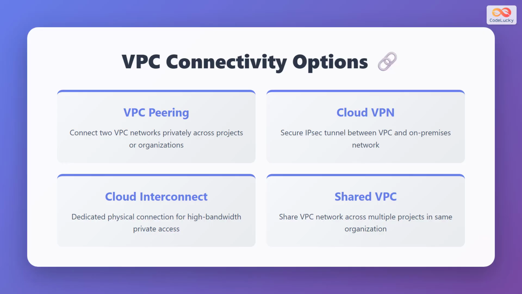For higher bandwidth and more reliable connections, Cloud Interconnect provides dedicated physical connections, offering private access to Google Cloud. Finally, Shared VPC lets you share a VPC network across multiple projects within the same organization, centralizing network administration while maintaining project isolation for resources.